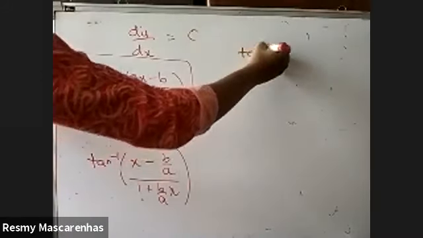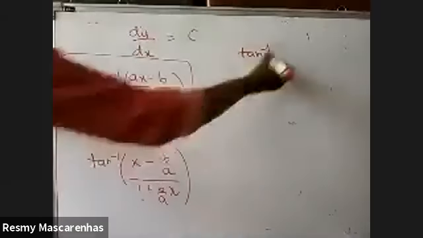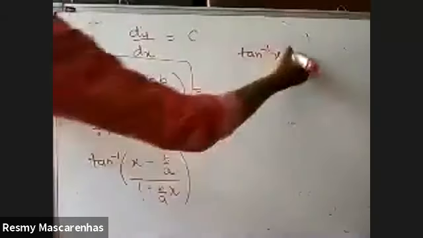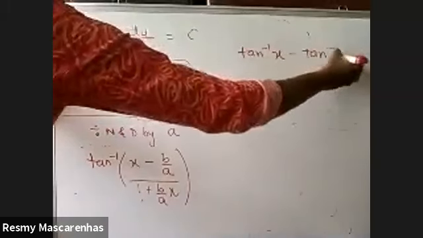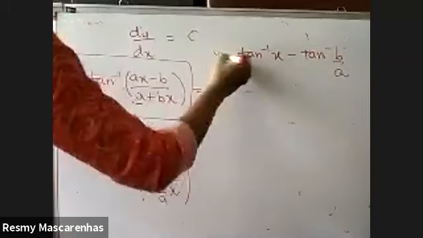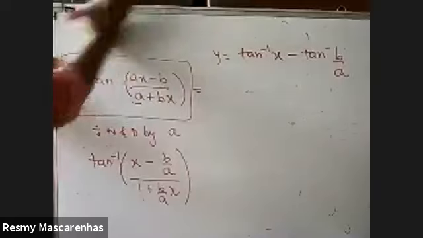That will be tan inverse of x, tan inverse of y. So you can consider as y. 1 upon 1 plus x square.